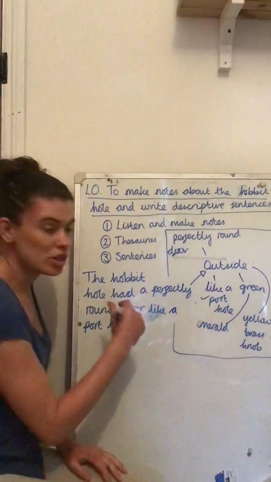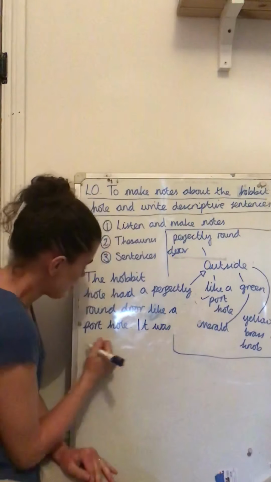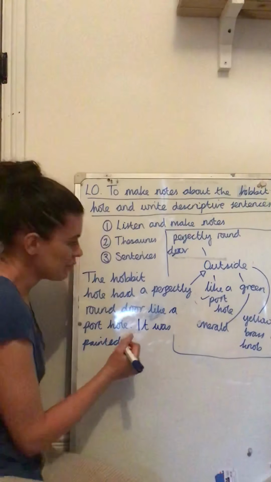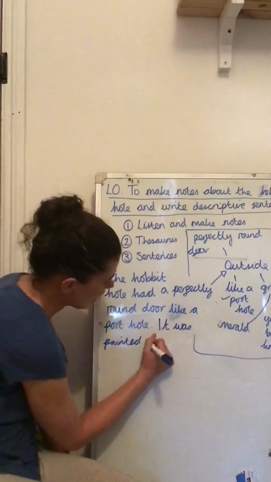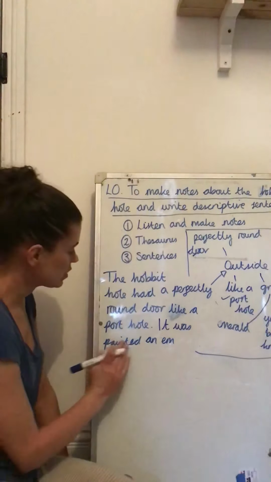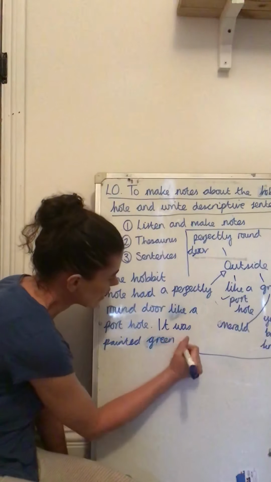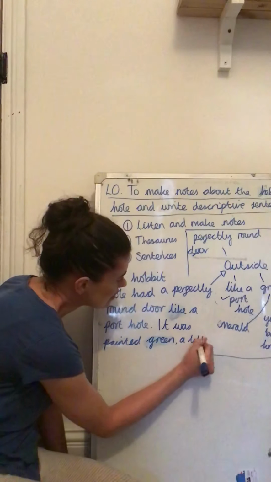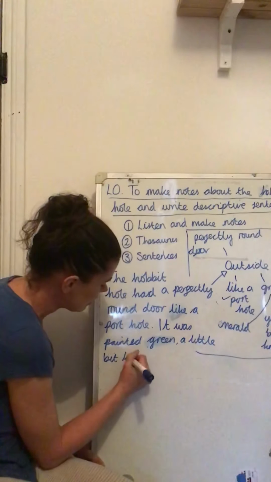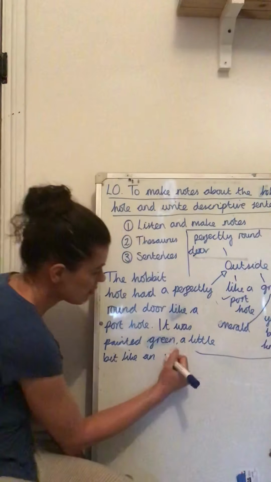So the Hobbit hole had a perfectly round door like a porthole. I'm going to write a new sentence now. It was painted, oh, it's getting a bit low. It was painted an emerald. Oh, I'm going to write, it was painted green, a little bit like an emerald. So an, because it ends in E, remember?